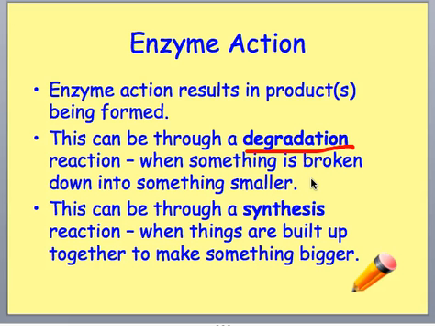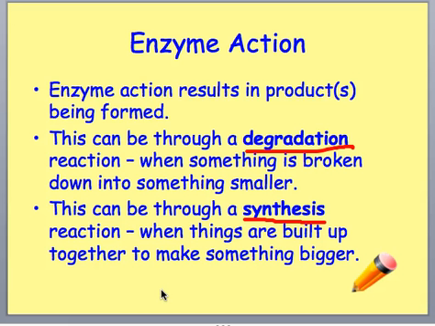And amylase is an example of that, where a large molecule is broken down to a smaller molecule. There are other enzymes that will do that, and we'll look at another couple of examples of that. You also get what is known as a synthesis reaction, and that is where you take molecules that are small and you build them into something bigger.